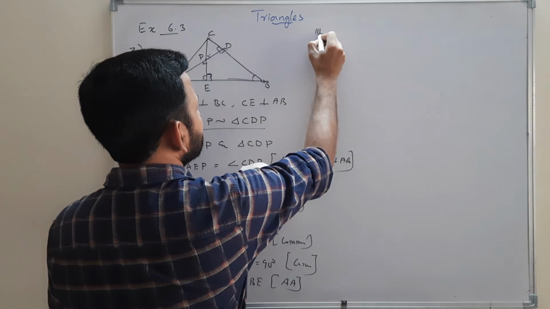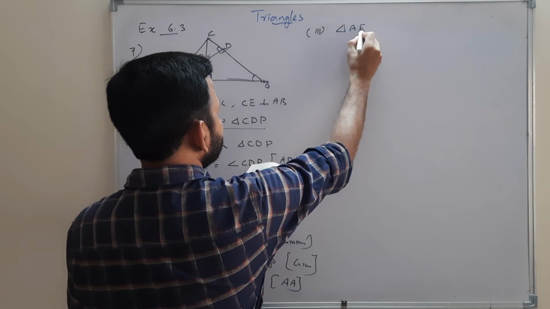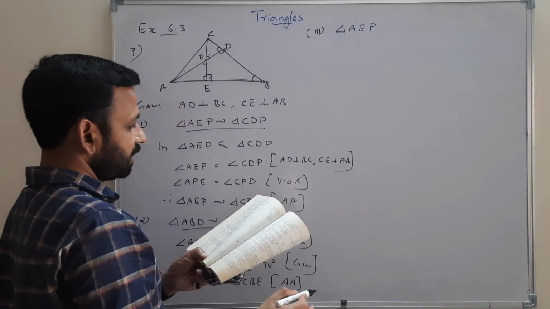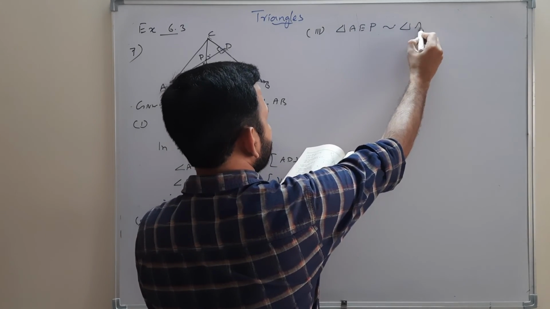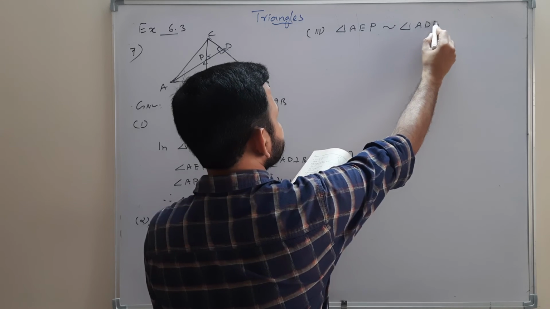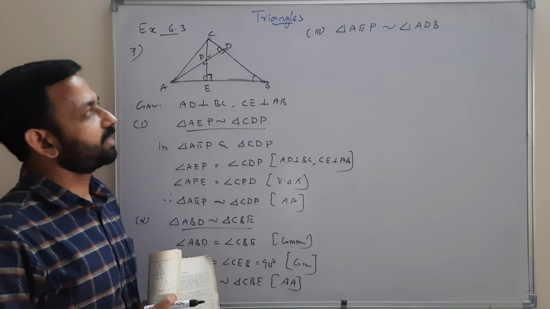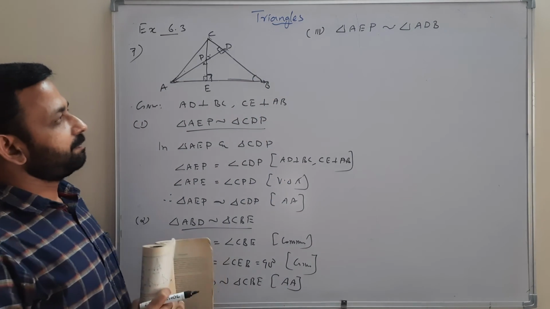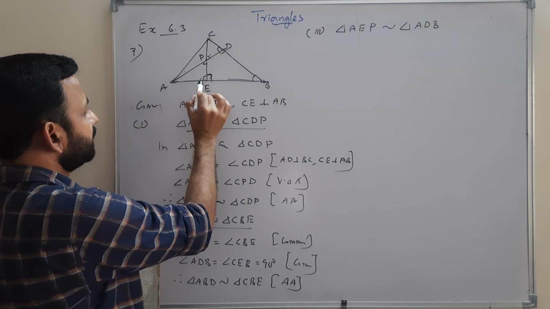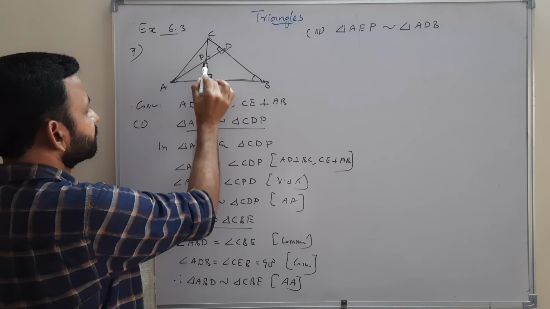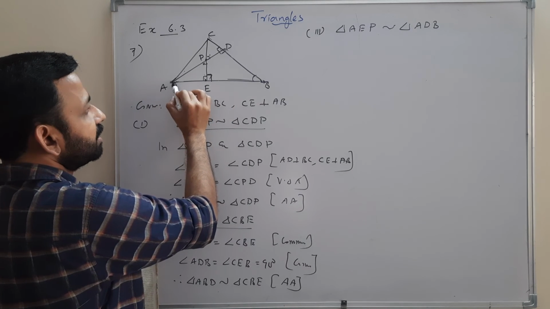For the third pair, triangle AEP similar to triangle ADB, we take the two triangles, triangle AEP and triangle ADB.